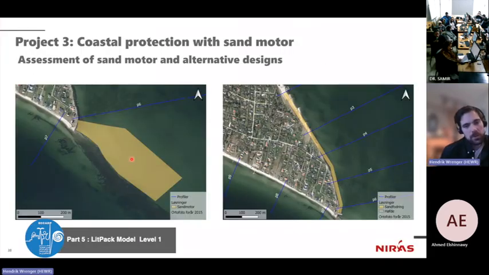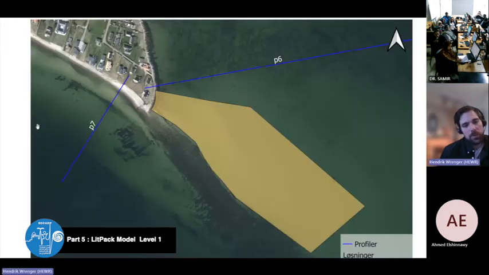So for example, as a back of the envelope, if you place a volume of sand here, you can, just as a pure post-processing step, compute for how long that would last, how it roughly would be distributed along your coast.